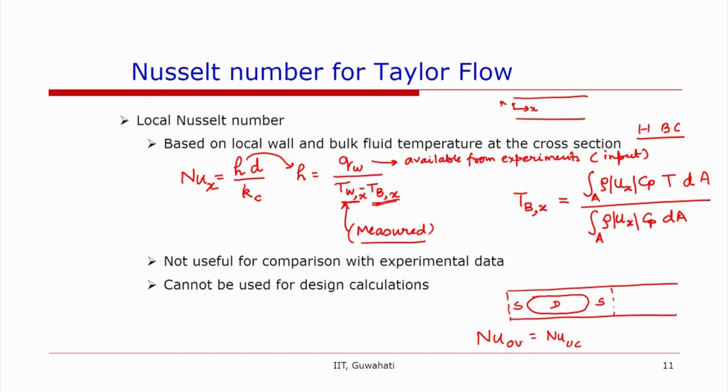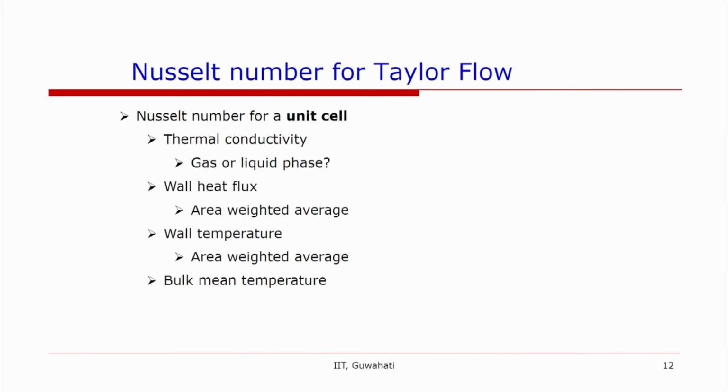So, it is easier to understand the behavior in one unit cell which consists of one bubble or droplet, which is the dispersed phase, and two halves of the liquid slug on the two sides of the unit cell.